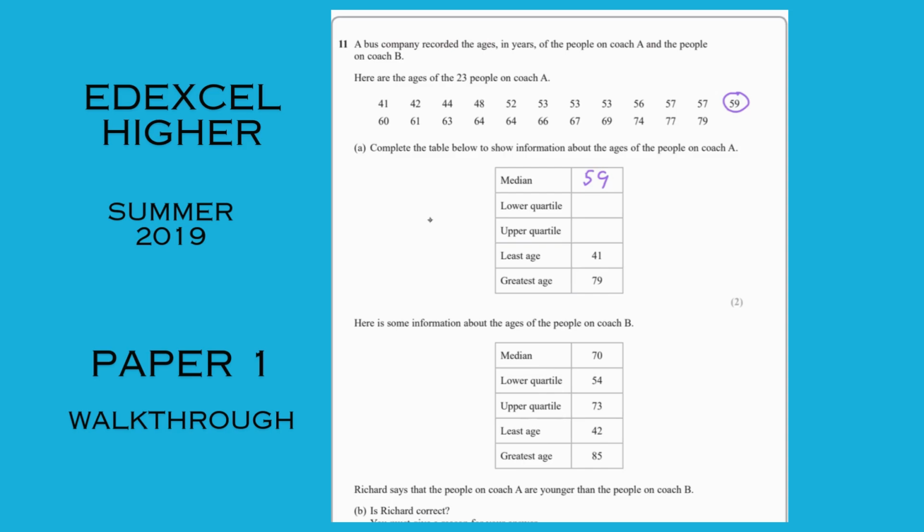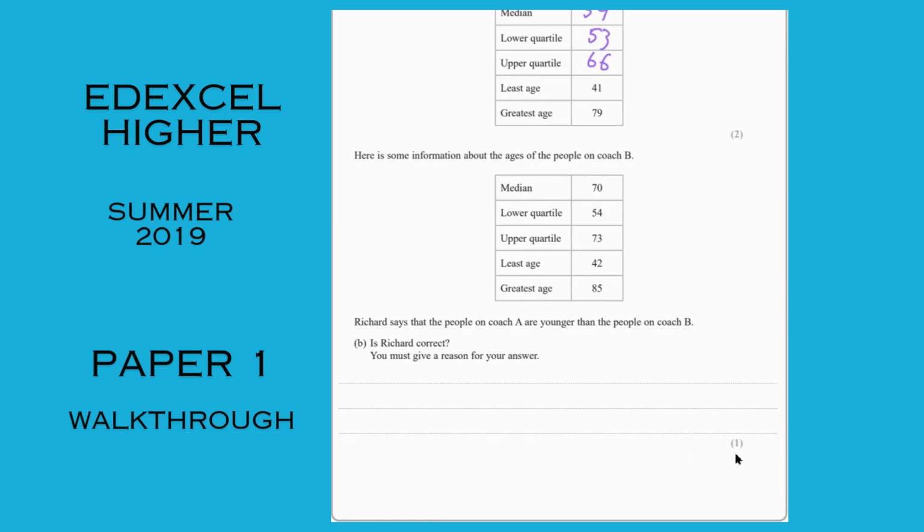You quarter it to get the 6th person. That's 53. And the third quartile, in other words, the upper quartile, treble it, you get the 18th person. They've ordered it, so that's why it's nice and easy to find. And there are your values that were missing in the table.